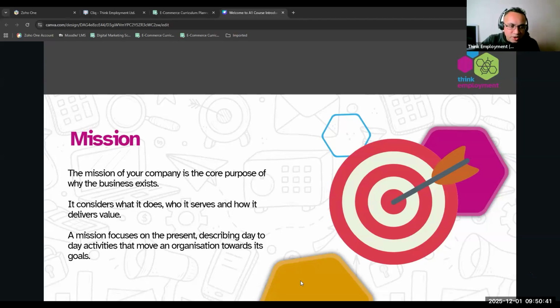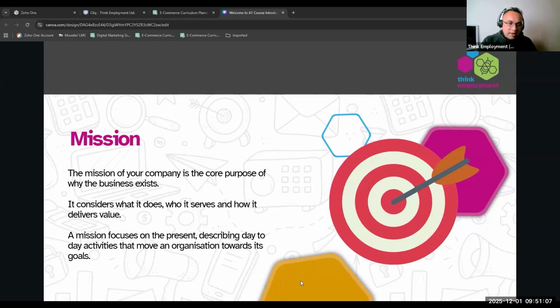What are you trying to achieve? It considers what it does, who it serves, and how it delivers value. So a part of your mission statement would be to understand who you're serving, and how you're going to deliver that information or product. The mission focuses on the present, describing day-to-day activities that move an organization forward.